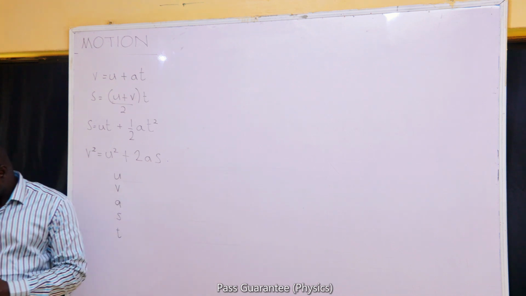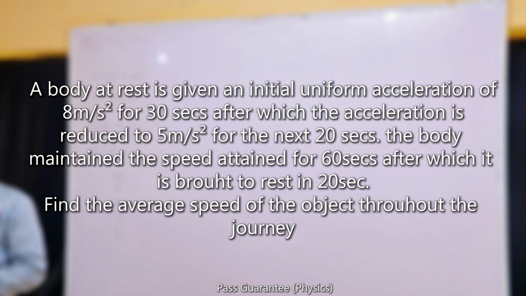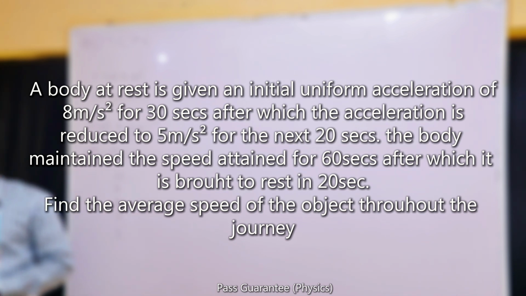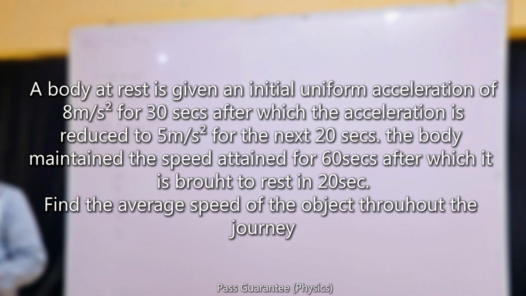Now, I'll dictate the question, and we are going to try to see how to solve it. We are told that a body at rest is given an initial uniform acceleration of 8 meters per second squared for 30 seconds, after which the acceleration is reduced to 5 meters per second squared for the next 20 seconds.